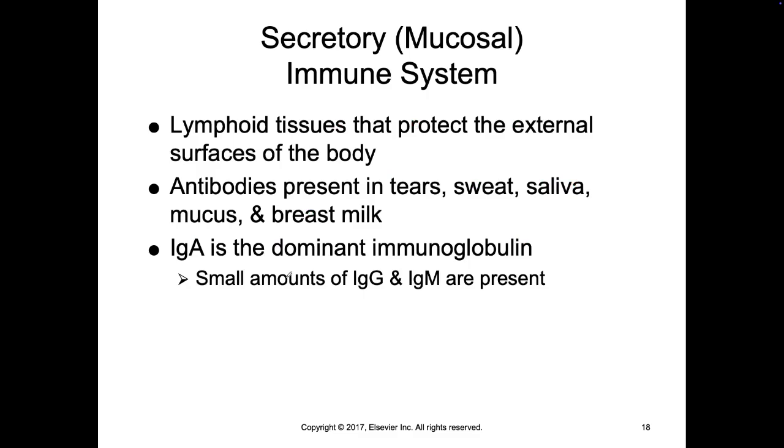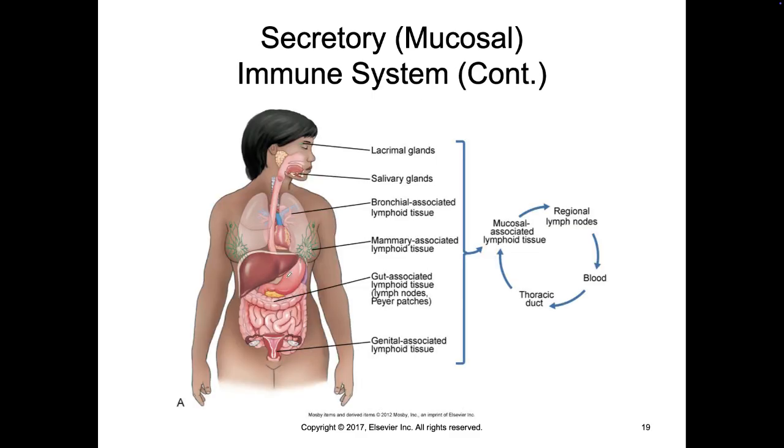Lymphoid tissues that protect the external surfaces of the body contain secretory IgA. Okay, and there are small amounts of IgG and IgM, but generally you don't want to activate complement in secretory regions. Okay, but the secretory IgA, again, is important in clearing foreign antigen.